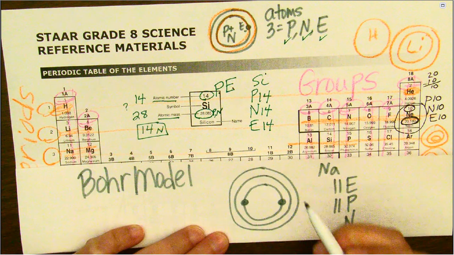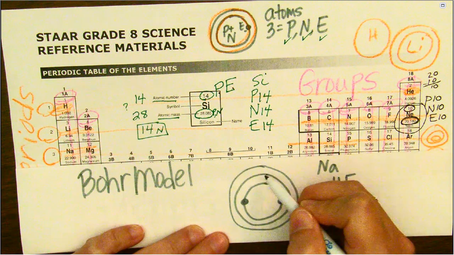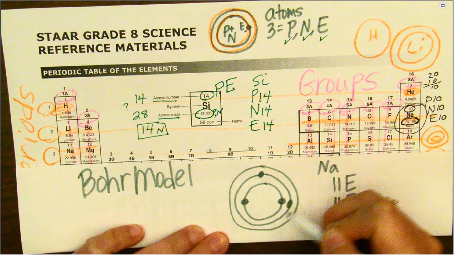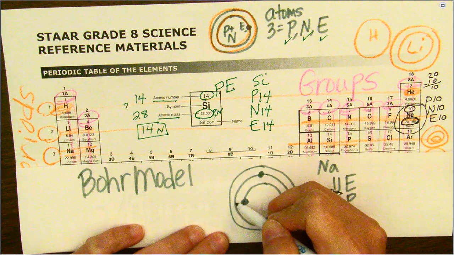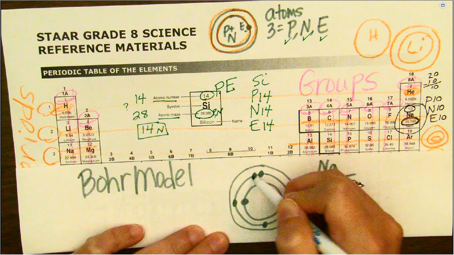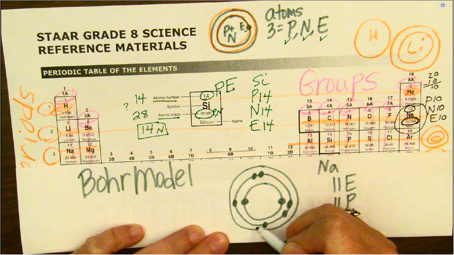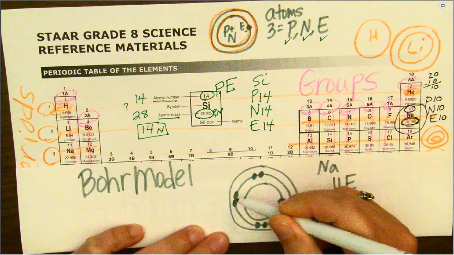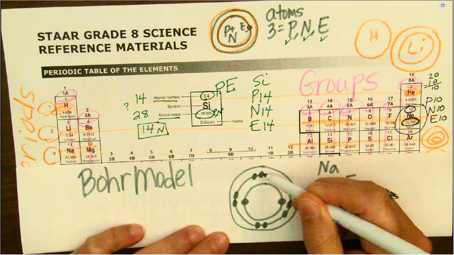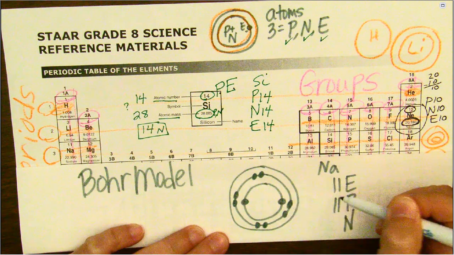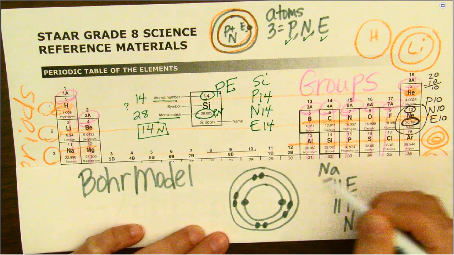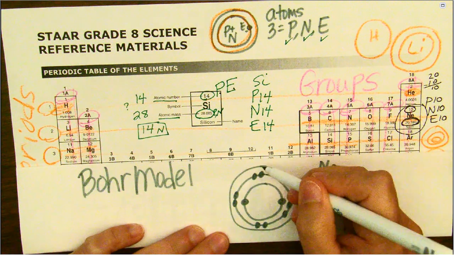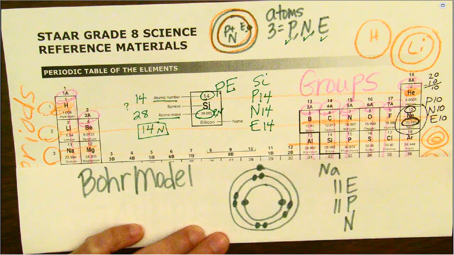Okay, so let's see, I have 2 here. 1, 2, 3, 4, 5, 6, 7, 8, 9, 10. That's holding 8. That's as much as it can hold. But I need 11, and I only have 10. So that means I need to go to the next energy level and put my last electron out there.